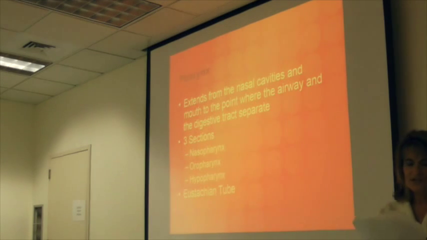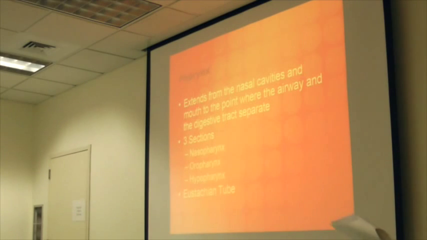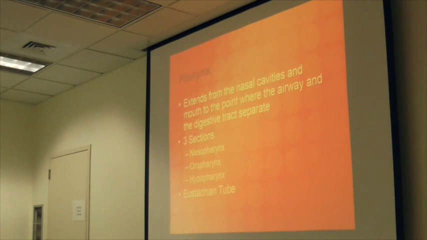Okay, and then the next thing mentioned is the eustachian tube. This connects the middle ear and drains into the nasopharynx. So it connects the middle ear and drains into the nasopharynx.